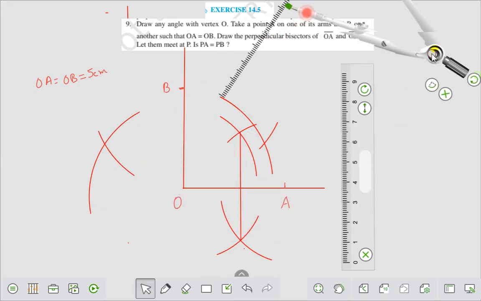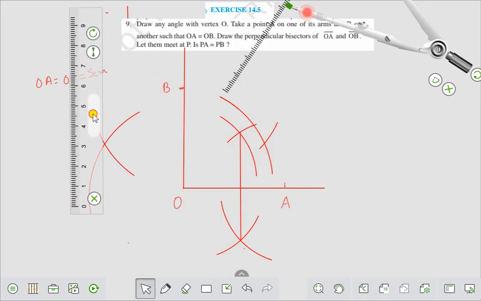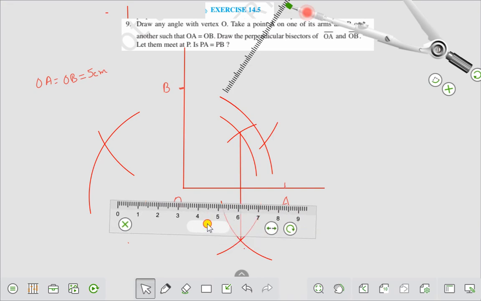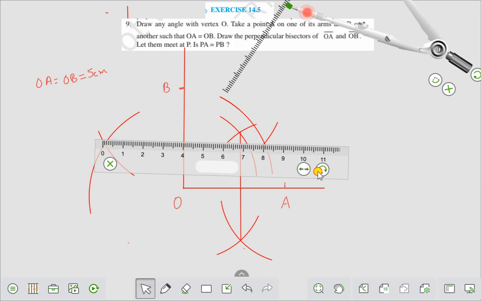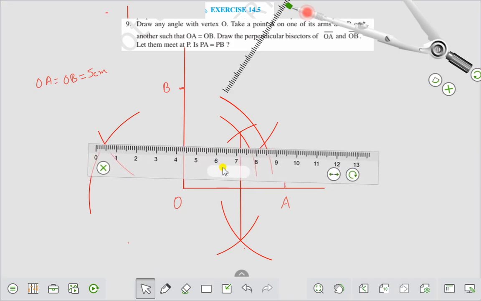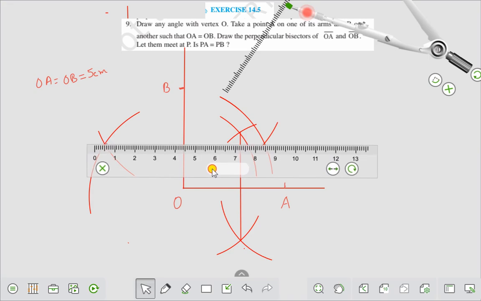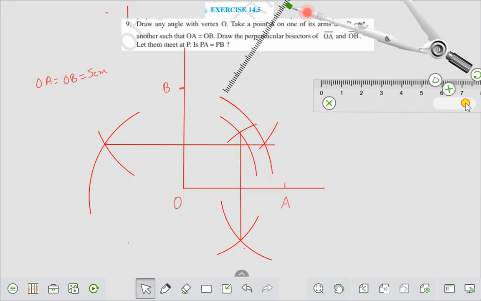Now let us join the line. We join the line and let the perpendicular bisectors meet at the point P. This is point P.